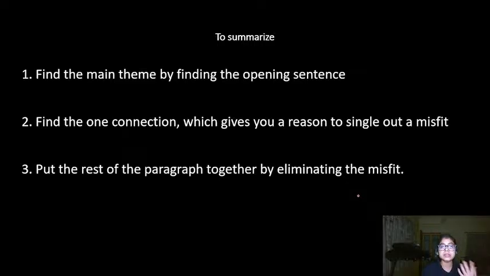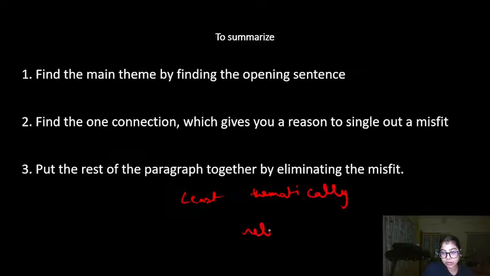Odd sentence out or odd sentence elimination is similar to parajumbles. It's just the next step of parajumbles. Here, you have to unjumble the paragraph, yes, but after unjumbling, you also have to find the odd sentence out, the one that does not fit, or as you can say, it is least thematically relevant or least thematically compatible.